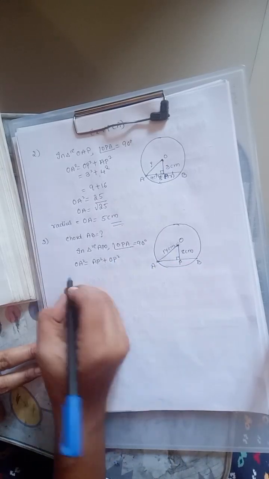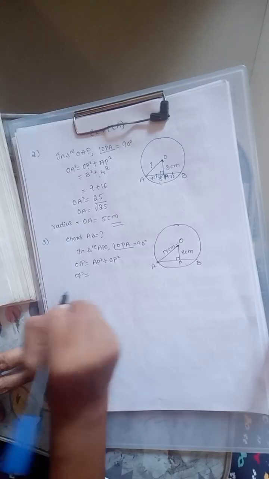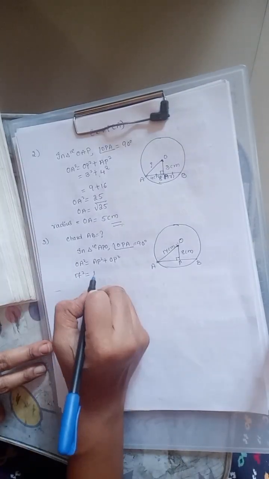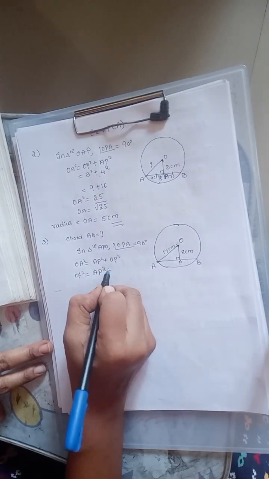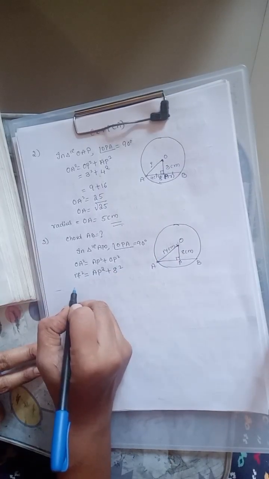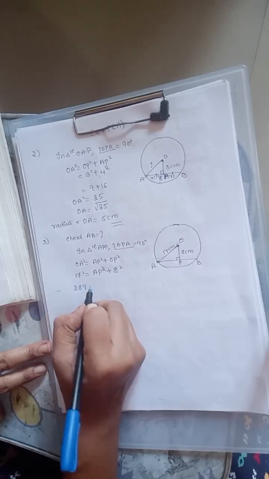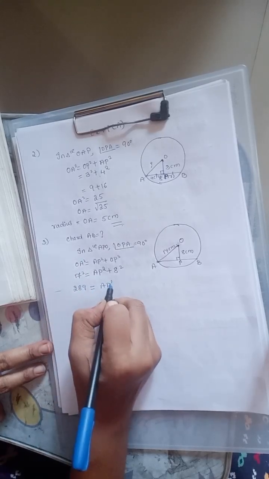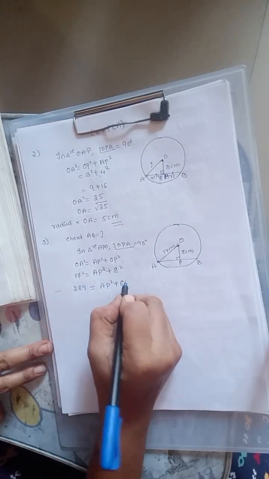See here, OA square, what they gave? 17 square. AP square you need to find out. Next, OP is how much here? 8 square. 17 square means how much you will get? 289 equals AP square plus 8 square, which is 64.